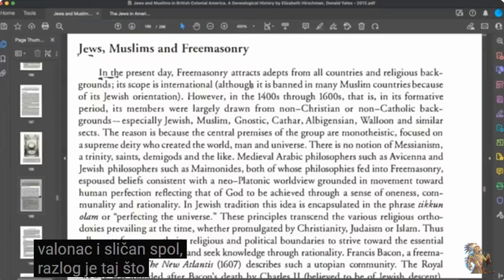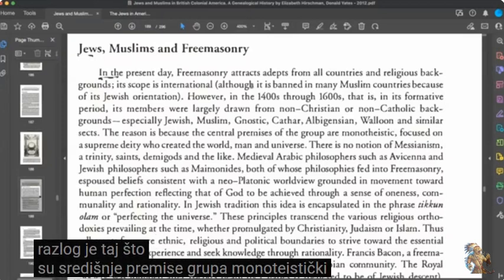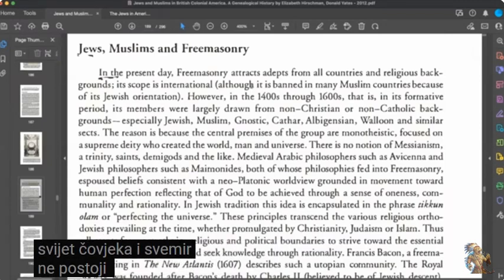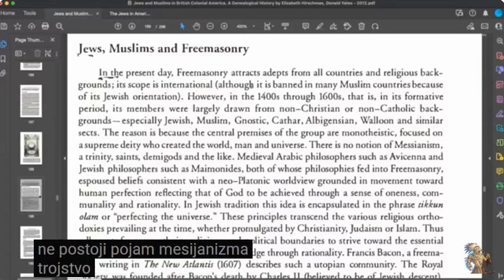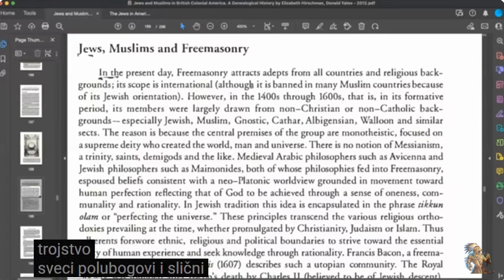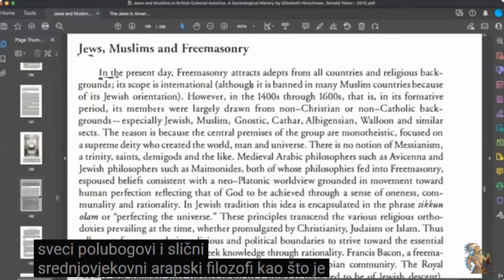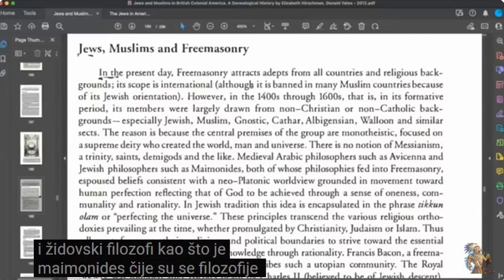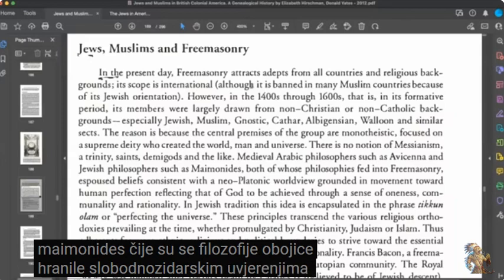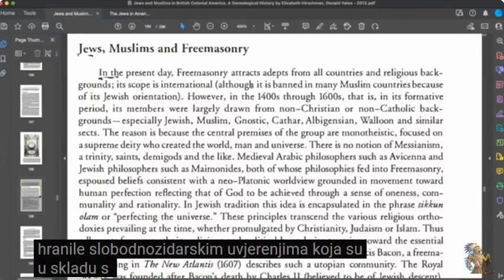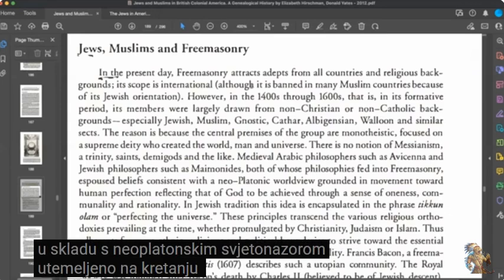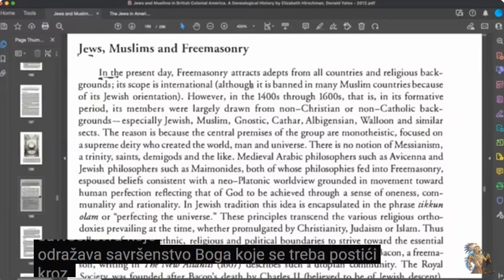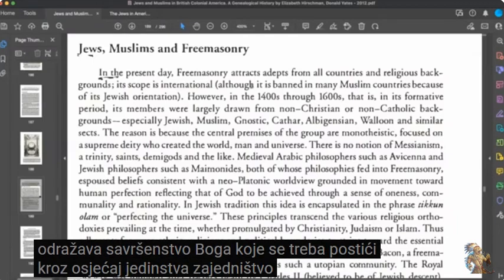The reason is because the central premises of the groups are monotheistic, focused on a supreme deity who created the world, man, and universe. There is no notion of messianism, a trinity, saints, demigods, and the like. Medieval Arabic philosophers such as Avicenna and Jewish philosophers such as Maimonides, both of whose philosophies fed into Freemasonry, espoused beliefs consistent with a Neoplatonic worldview, grounded in movement toward human perfection, reflecting that of God, to be achieved through a sense of oneness, communality, and rationality.